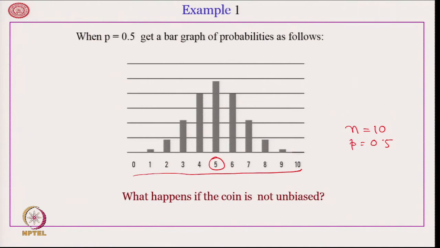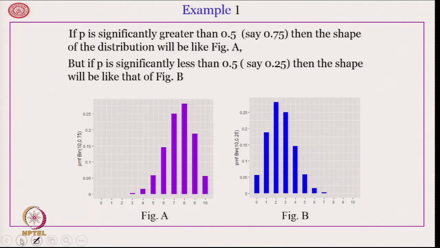The question is, what happens if the coin is not unbiased? If p is different from 0.5, it may be higher, it may be lower. So, let us consider a p which is, say, 0.75.